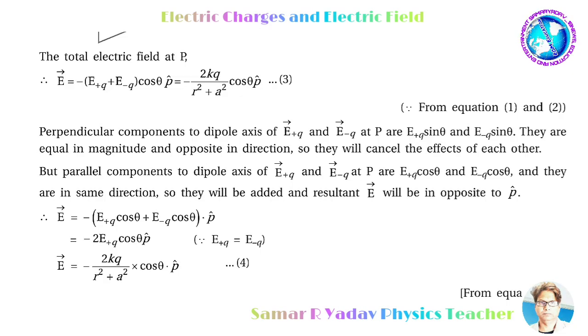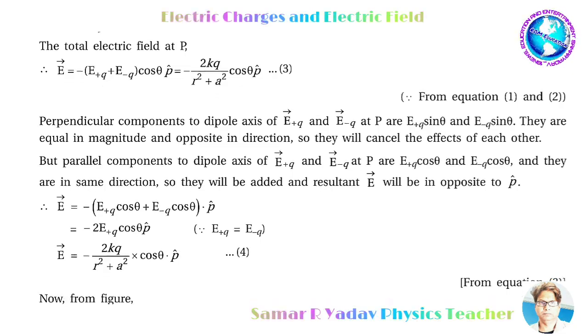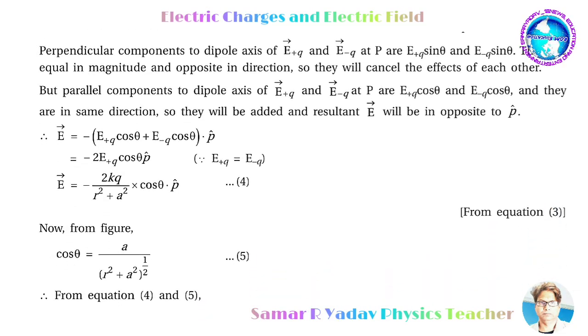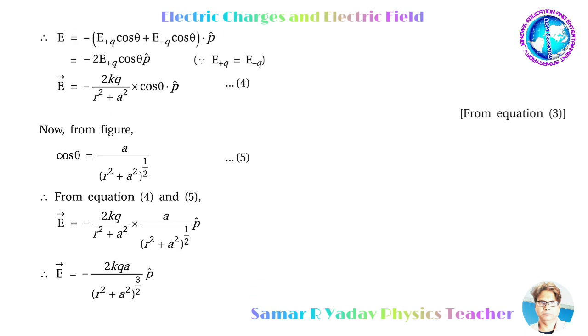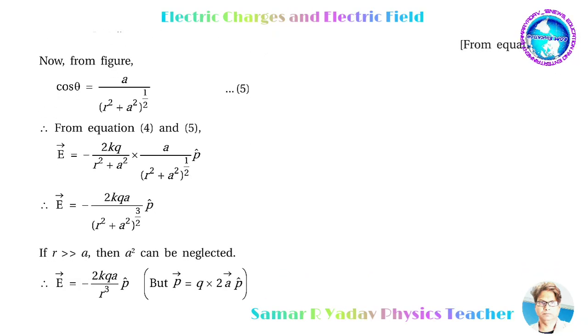Here E plus q is equal to E minus q. Therefore, vector E is equal to minus 2kq upon r square plus a square into cos theta into unit vector p. Now, from the figure, cos theta is equal to a upon, in bracket, r square plus a square raised to 1 by 2, this is equation number 5.